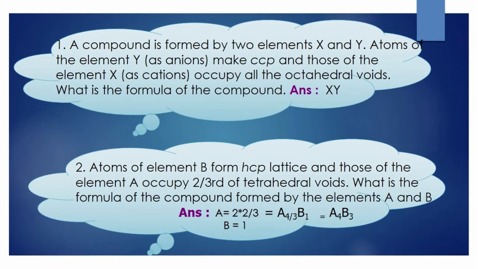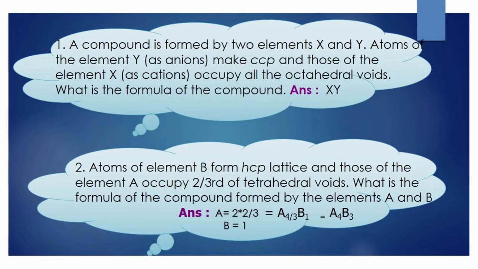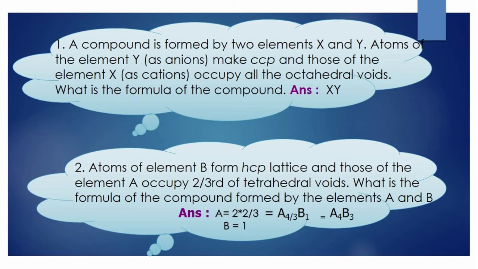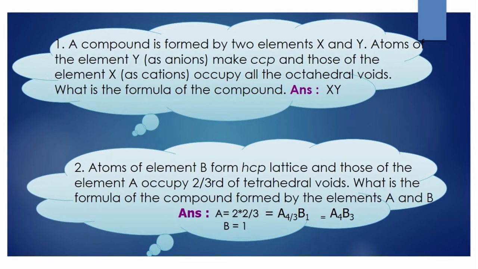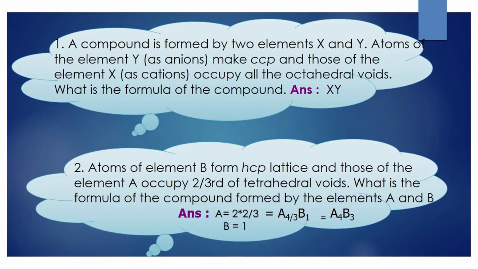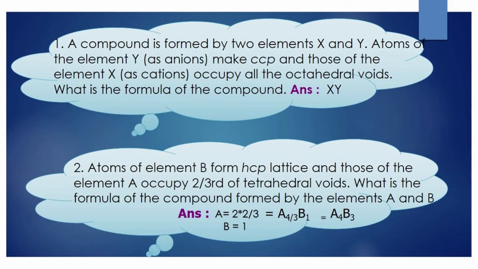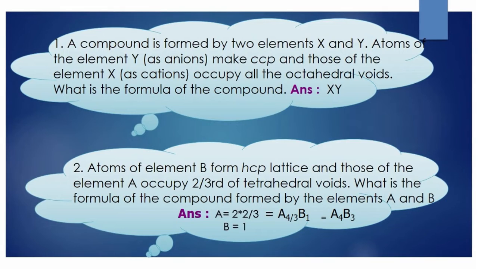In the second question, atoms of element B have occupied all the lattice points in the hexagonal closed packed structure, whereas the element A has occupied only 2/3 of the tetrahedral voids.